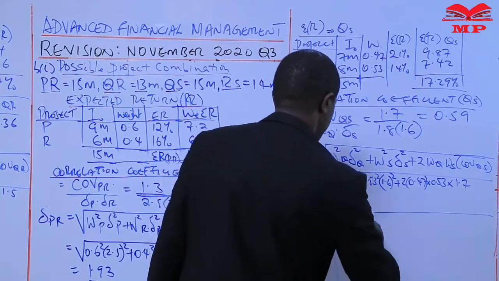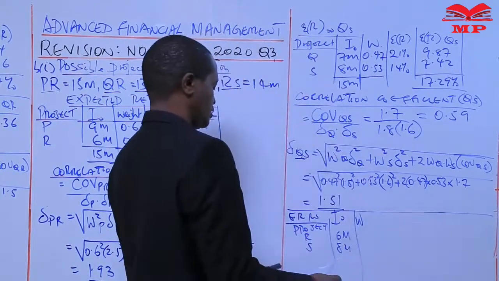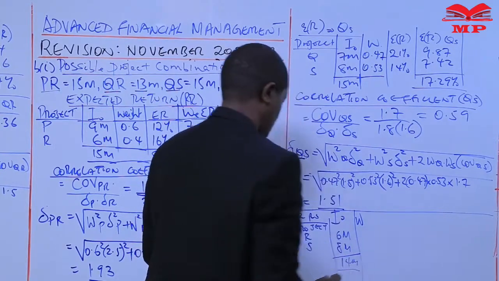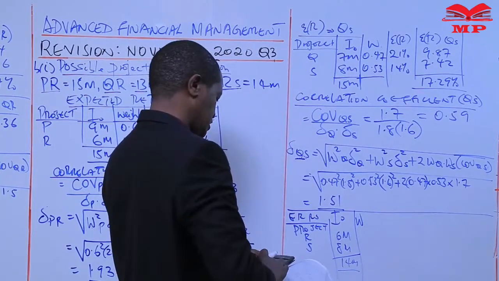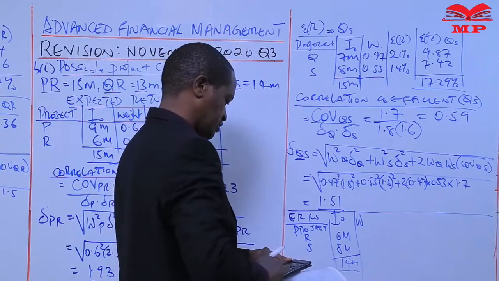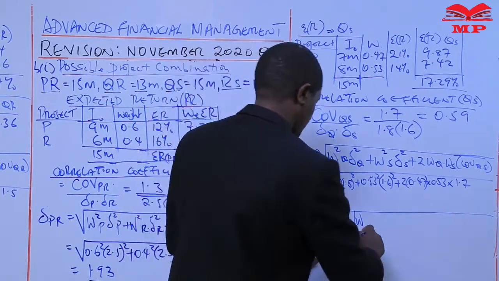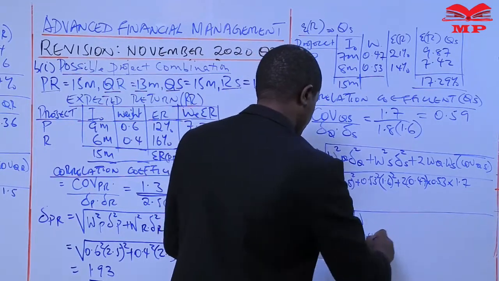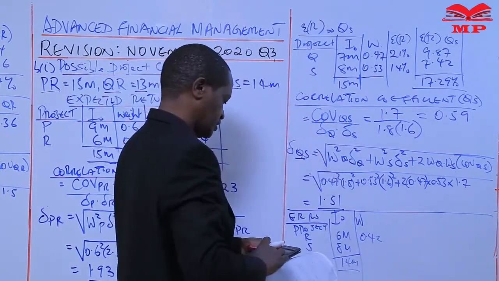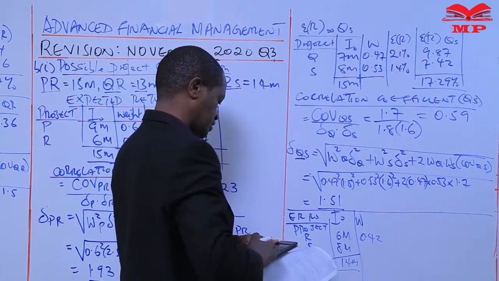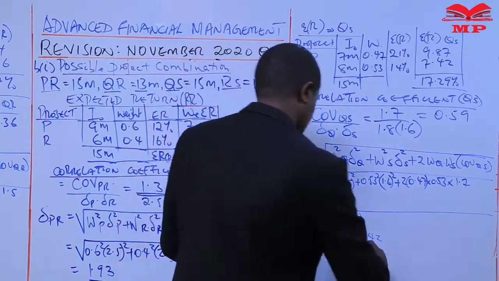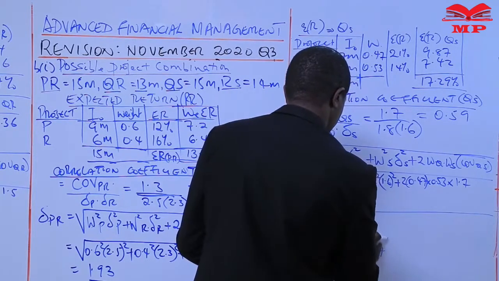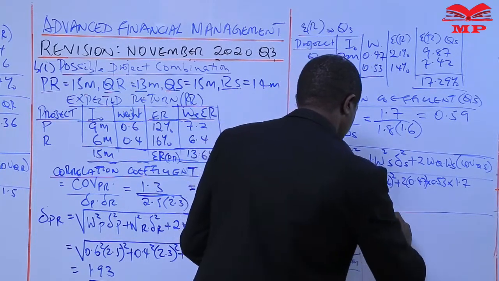So we do the weights. This is 14 million. Therefore, the weight will be 6 divided by 14 to get 0.42, then 8 divided by 14 to get 0.57. When we round off here, we have 0.43.